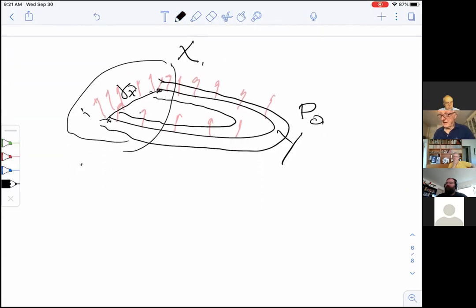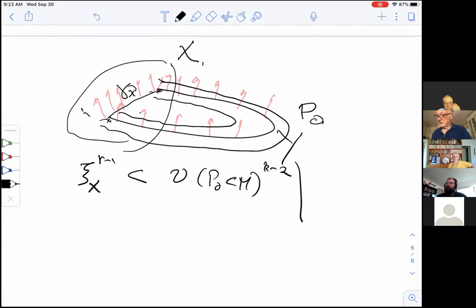So I've got this rank k minus 1 subbundle of the normal bundle of P naught in M, which is a rank k minus 2 bundle, because M has dimension k and P has dimension 2, restricted to gamma x union gamma y, or A union C, depending on which set of coordinates you want to use.